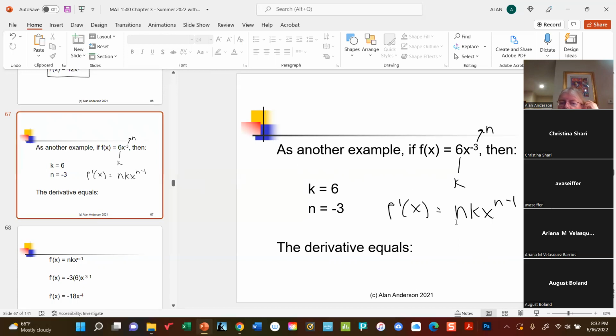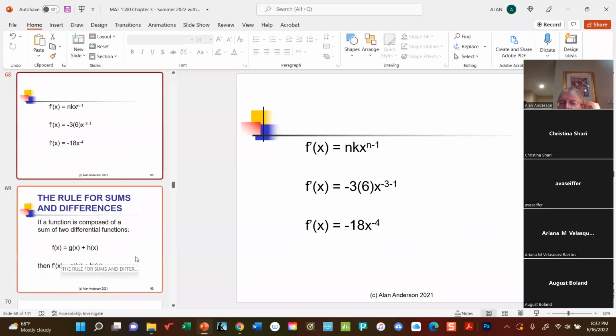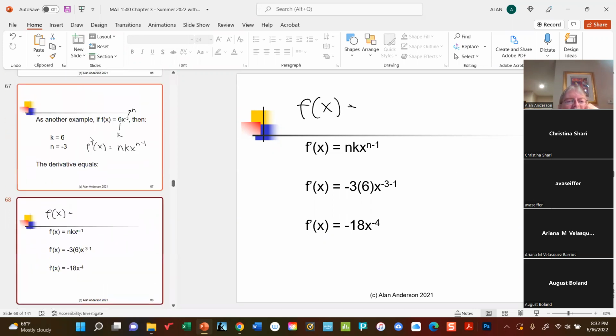All right, so let's jump ahead to the next slide. We'll see how this is done. So remember, the original function was 6x to the minus 3.